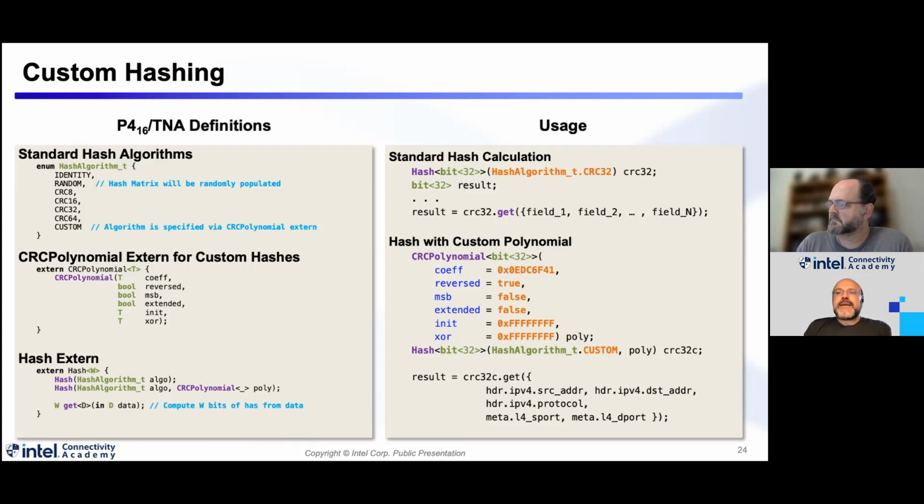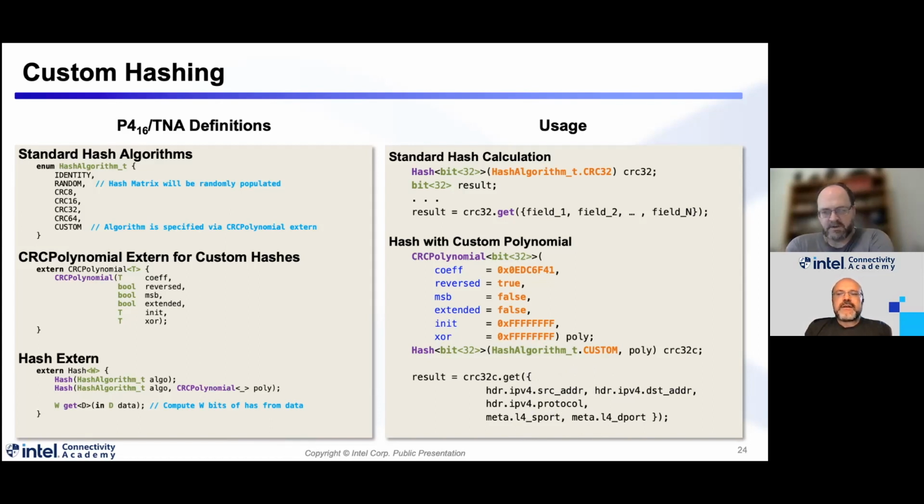And the other thing that we can do is we can control the hash extern itself. And specifically what we can do with it, we can decide which fields from the ones that are mentioned inside the get method will be used to calculate the CRC. In fact, we can mask some portions of these fields, and we also specify that two fields are symmetric.